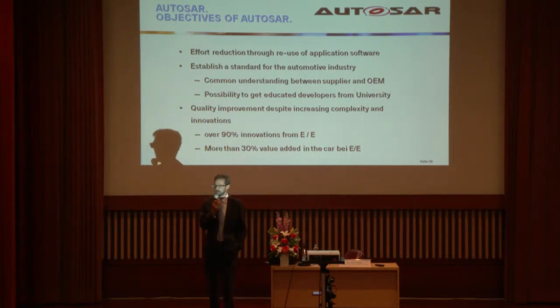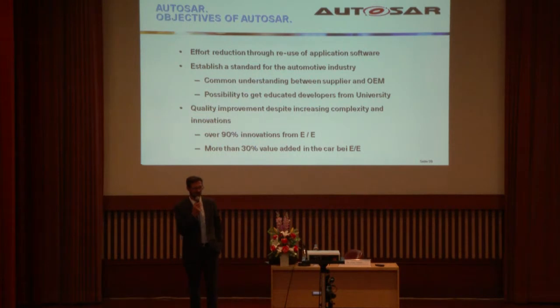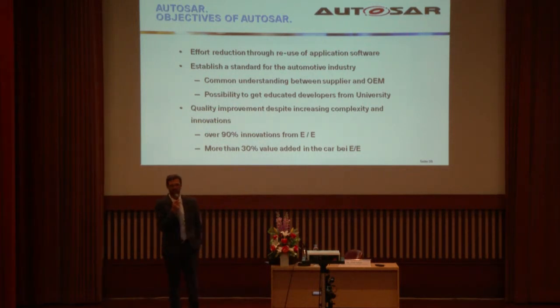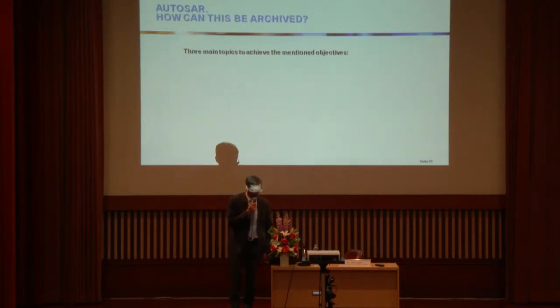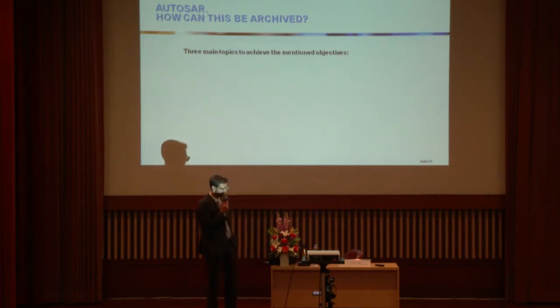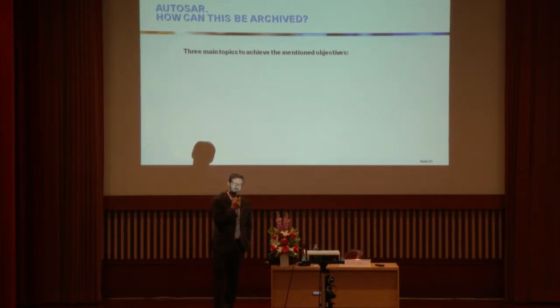So if you look at a car and say it costs, let's say, $20,000, then about $7,000 are spent in this car on software and electronics on average. Huge number. So therefore the idea was to have this automotive standard, and the question was how can it be achieved by using a standard?